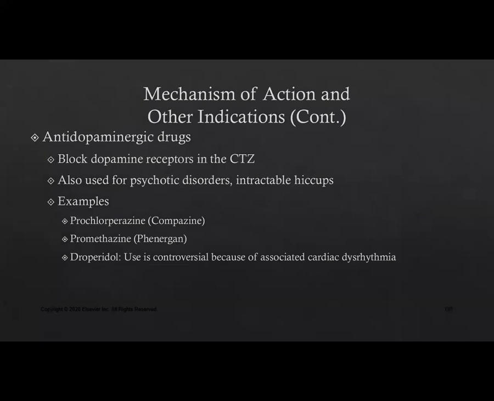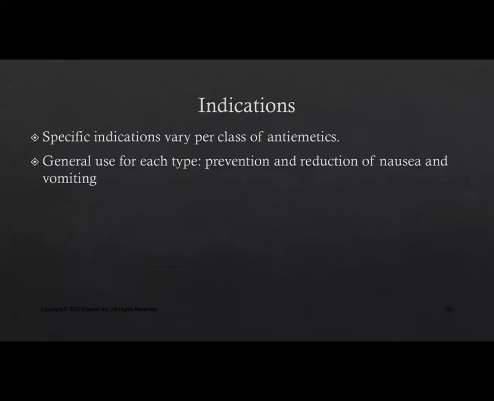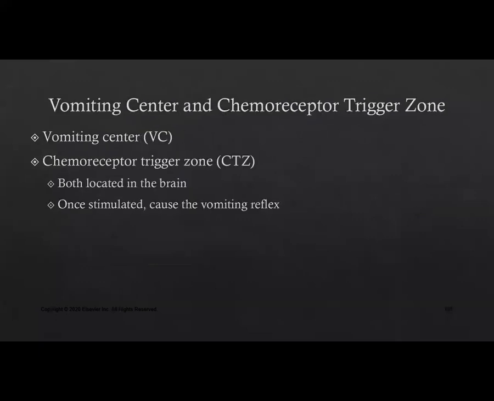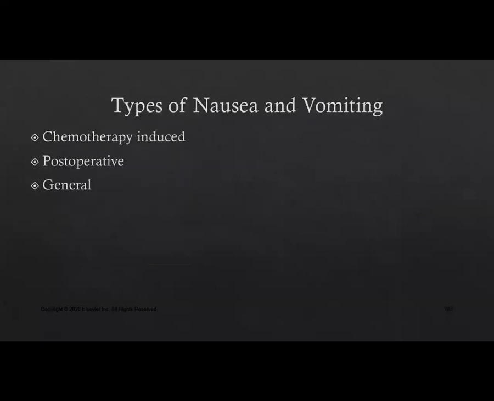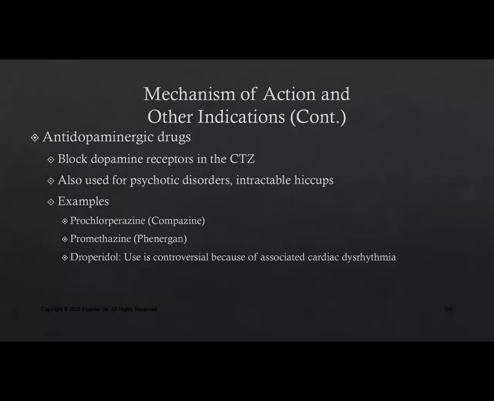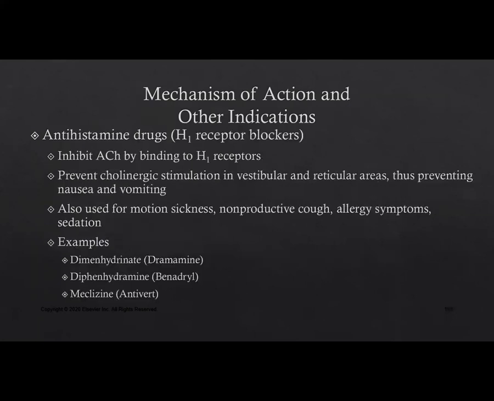Your antidopaminic drugs block dopamine receptors in the CTZ, that chemoreceptor trigger zone. That's what I was talking about earlier. They can also be used for psychotic disorders and intractable hiccups.